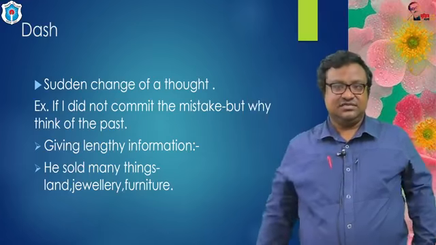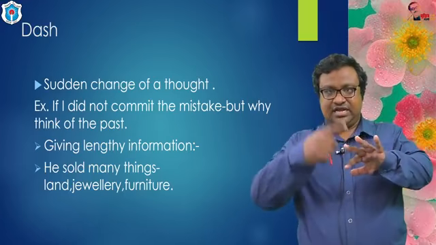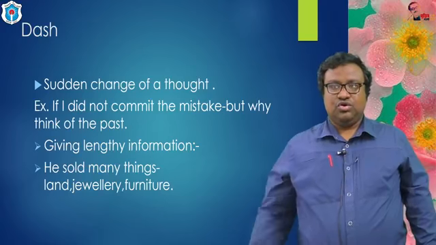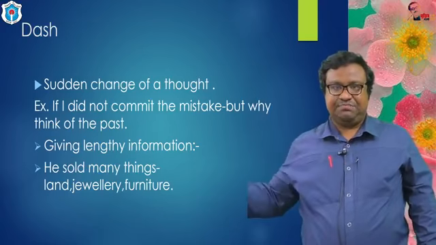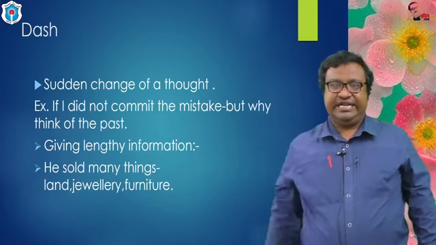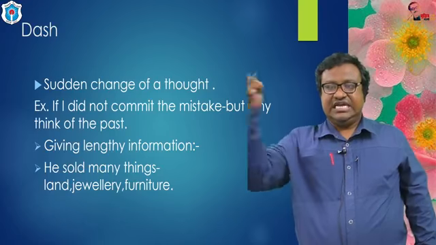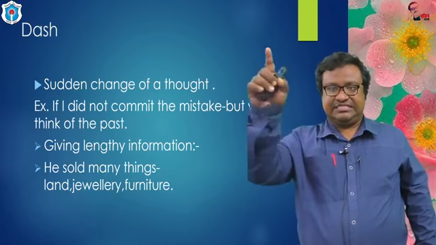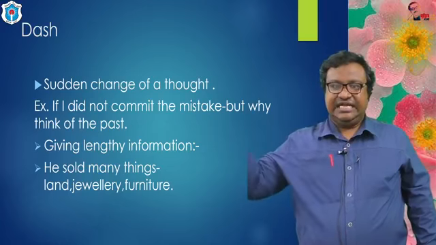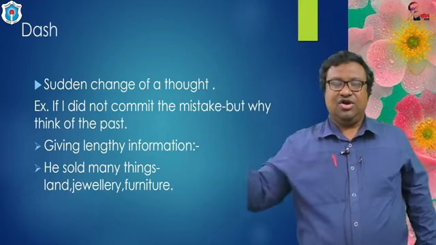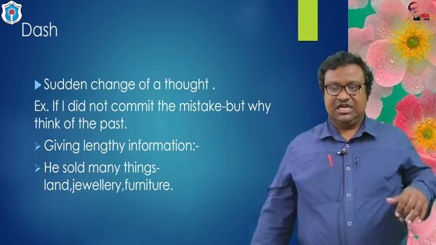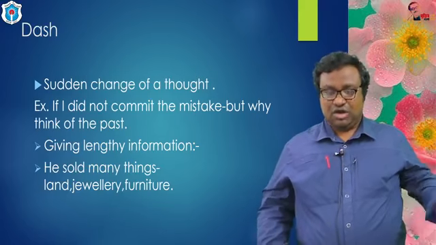Then dash, football, cricket, kabaddi, hadudu, etc. So when you are giving many examples, you put a dash before all the examples, and the dash is followed by all the examples or all the lengthy information you are providing to the audience or the reader.